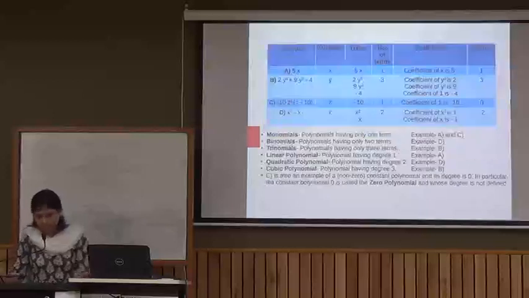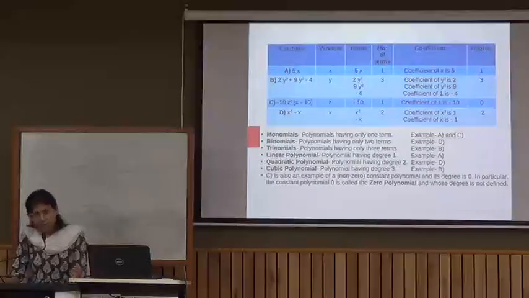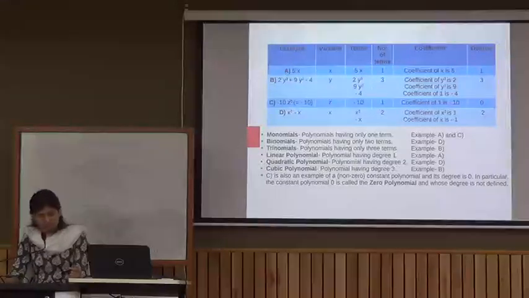Understanding polynomials further by way of examples. Now, polynomials can be broadly classified into 3 categories as per the number of terms in a given polynomial. For example, monomials are the polynomials having only one term. Subsequently, binomials are the polynomials having only 2 terms and trinomials are the polynomials having only 3 terms.